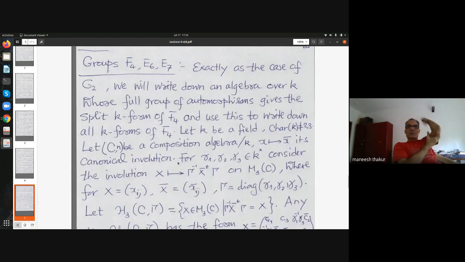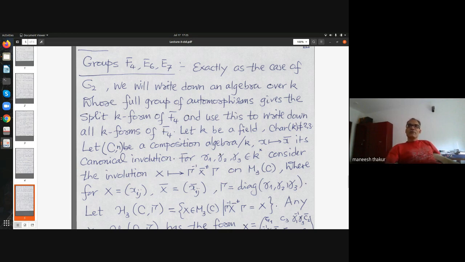Okay, so let's come to more or less the last but one slide of this lecture. I want to move to the remaining three groups, F4, E6 and E7. But before that, I introduce some new algebra to you.